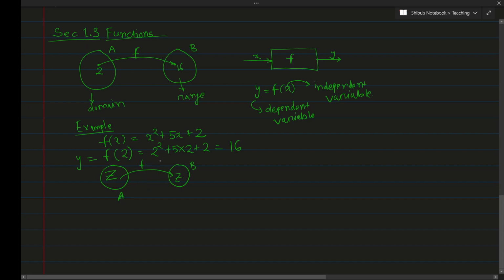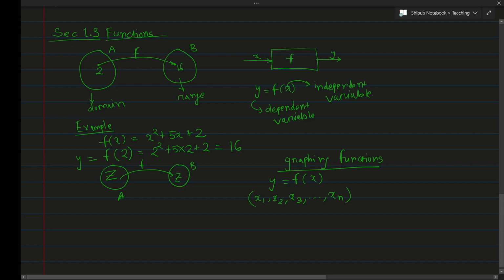Now let's understand a concept called graphing the function. We have a function f(x) which is equal to y. Then we can put different values of x. Let's say x1, x2, x3, up to xn we can put here.